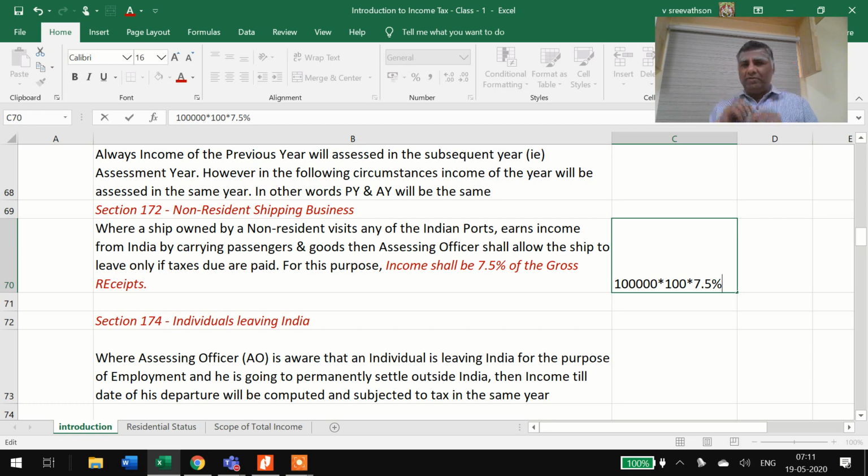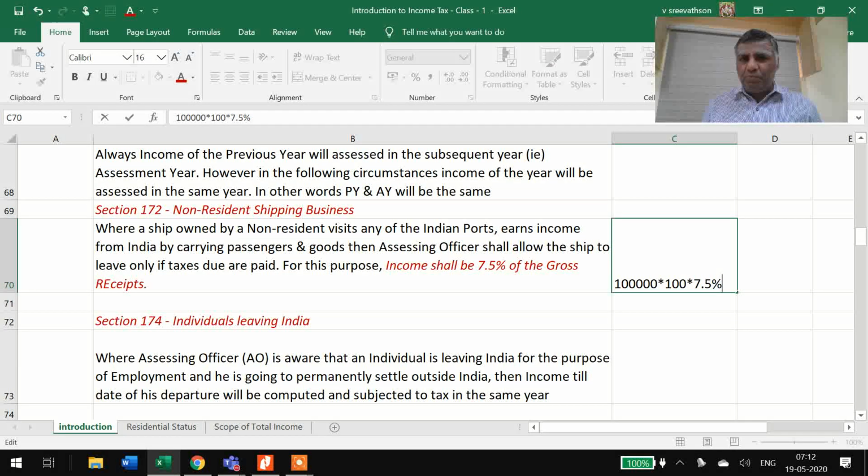It's a bigger definition. Income, we are going to discuss as we go on. We understood what is previous year, the income earning year, and the year that follows is assessment year. There are some exceptions. Having said all these things, for all of us in the classroom, PY is 1920.